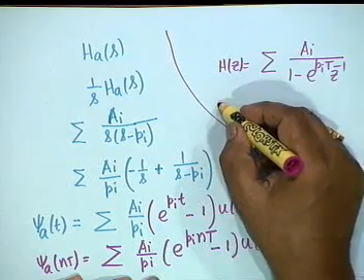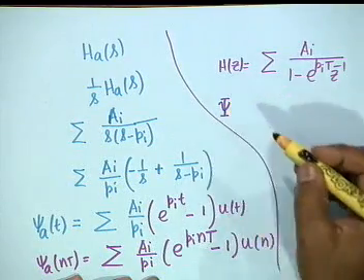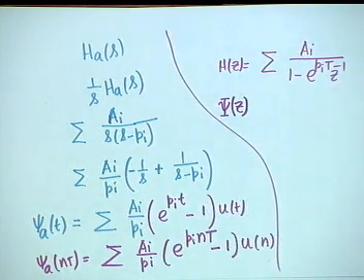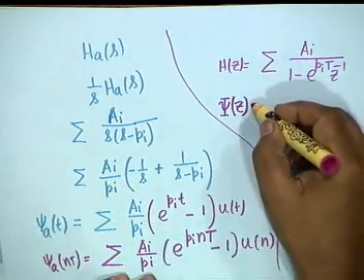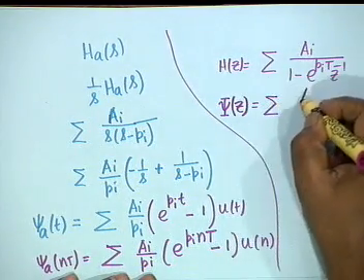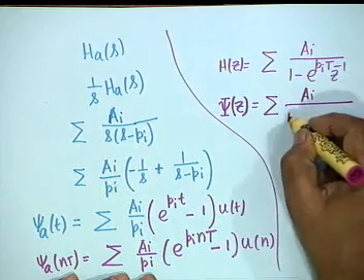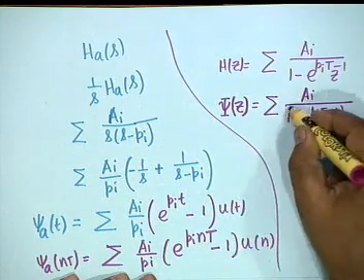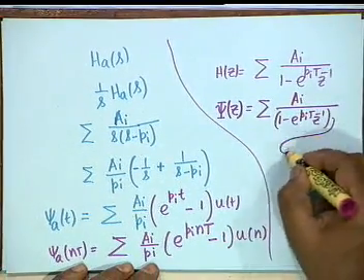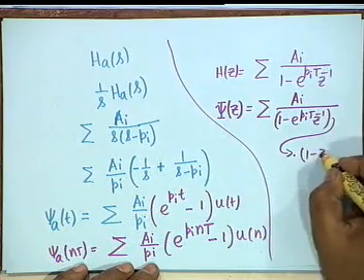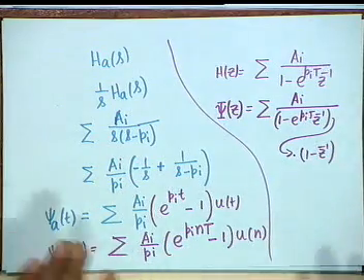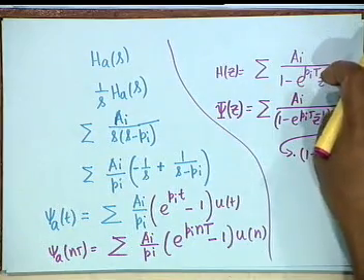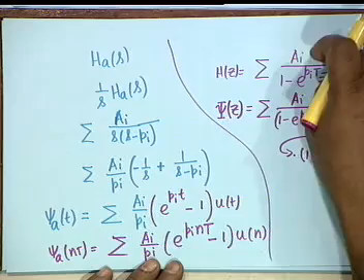Therefore, if we call the z transform of the unit step response capital Psi(z), then this would be equal to A_i divided by 1 minus e^(p_i T) z^(-1), multiplied by 1 by 1 minus z^(-1). Do you understand what we are doing? This is the digital filter that we derive from impulse invariance.